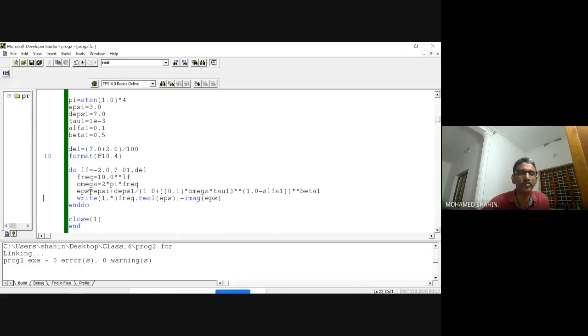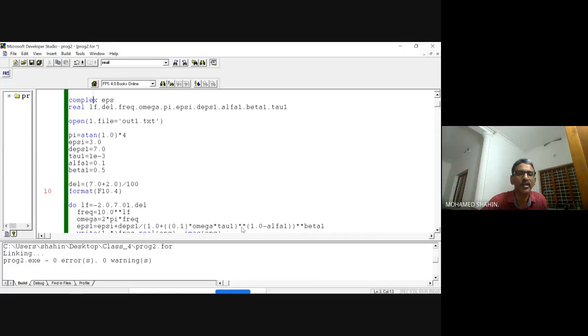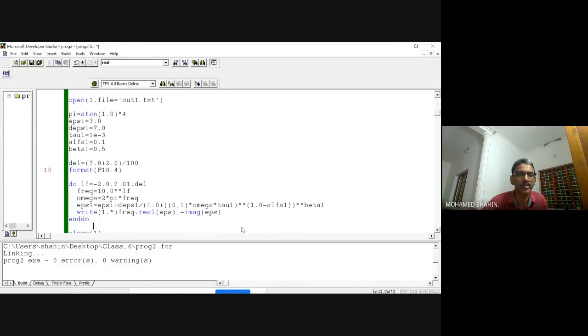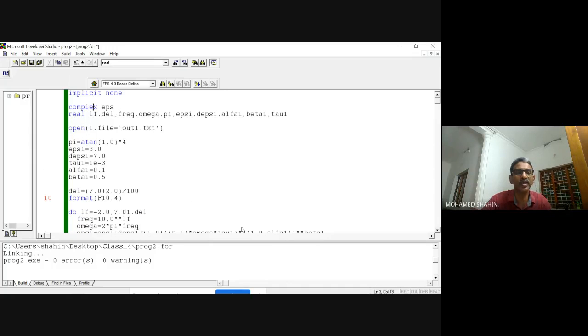So this is corresponding to the first process. So what I do is epsilon 1, first process. You can do this in 2 ways. Either you can do like this and add. So I will put EPS1, and the second process is EPS2.